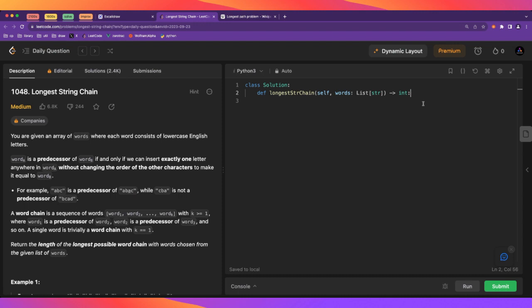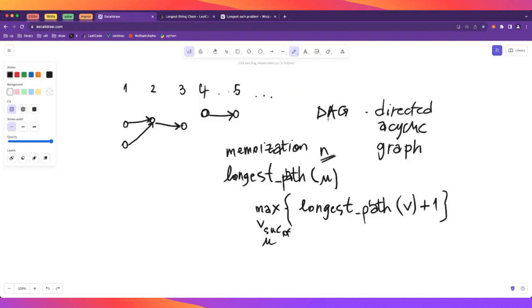So we're going to create a graph. One thing that I did not explain before we start coding is why is this a DAG and not a tree, right?